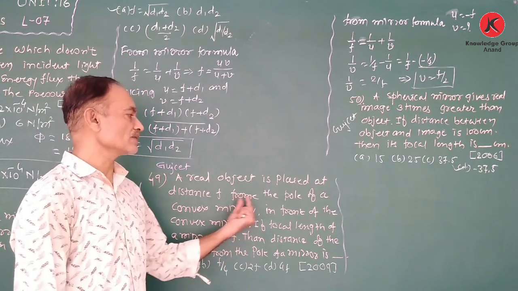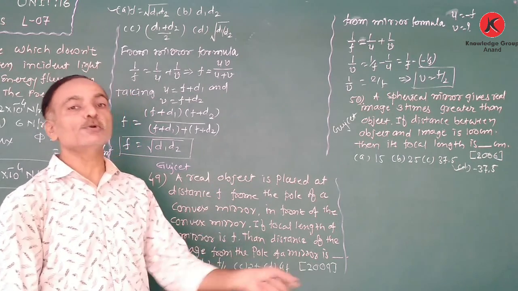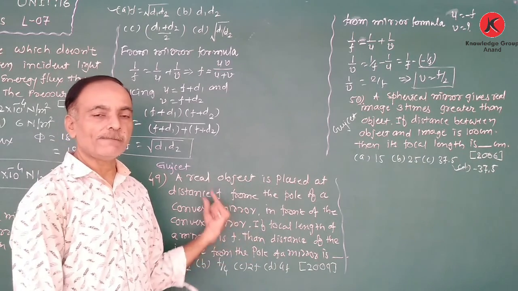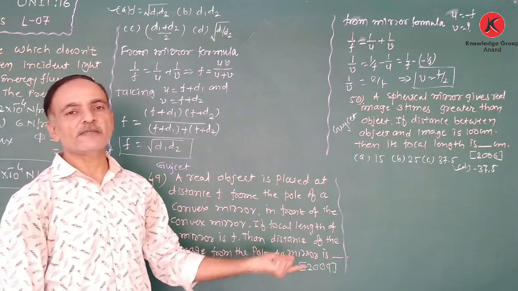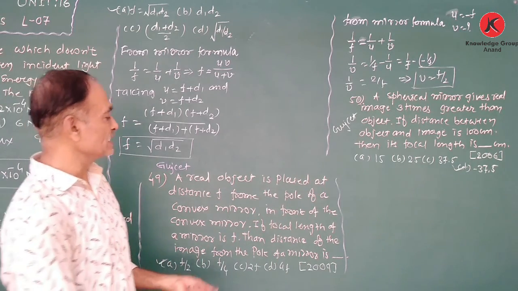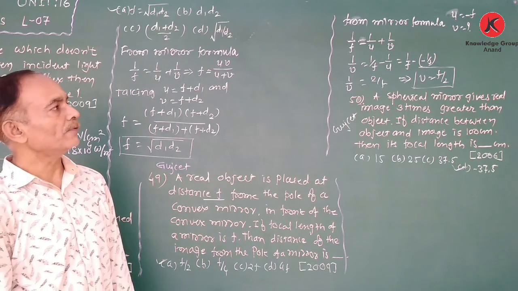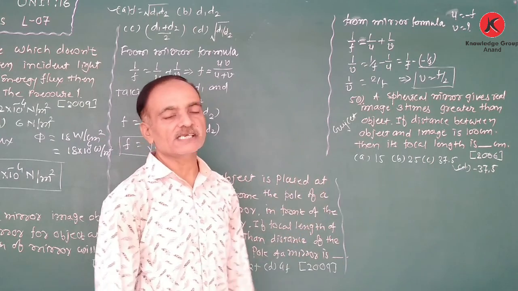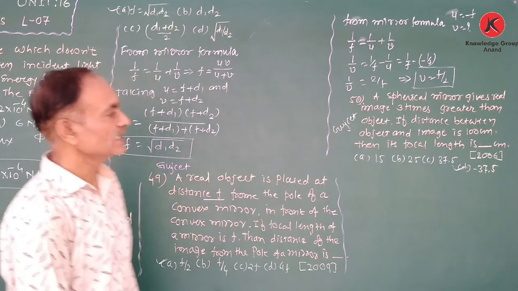Here it is also given this way: the real object is placed at distance 2f from the pole of the mirror, or f by 2 from the pole of the mirror. So this type of numerical is asked by changing the object distance, either f, 2f or f by 2. Correspondingly we have to find the distance of the image from the pole of the mirror. Clear this? Okay.